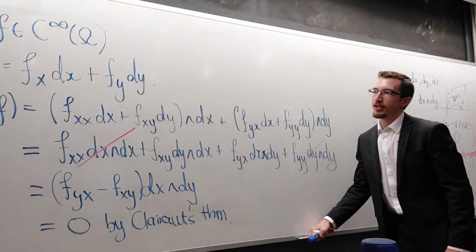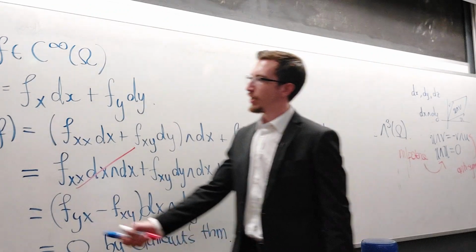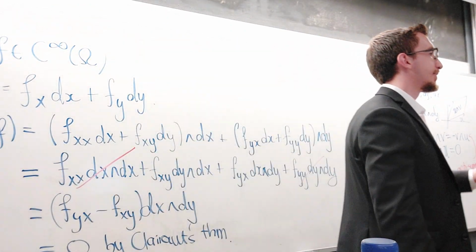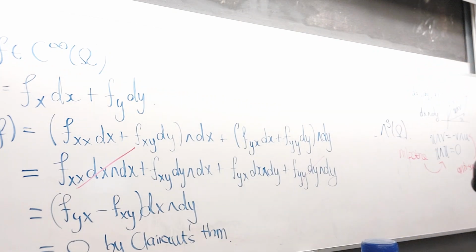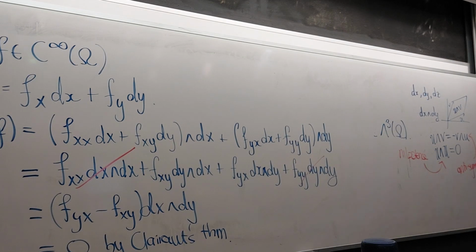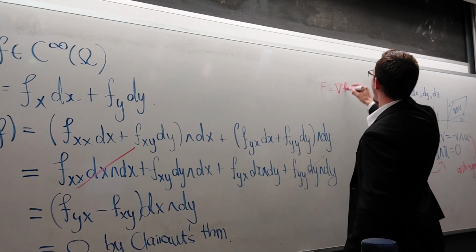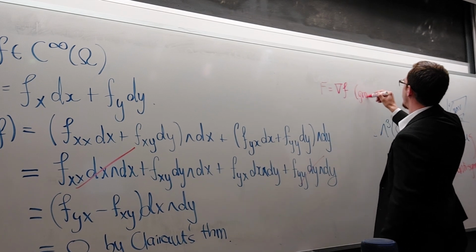So remember that if I can write a one form as df, then at least when we looked at vector fields, I said that was a gradient field. So if I look at vector fields of this type, these were gradient fields.